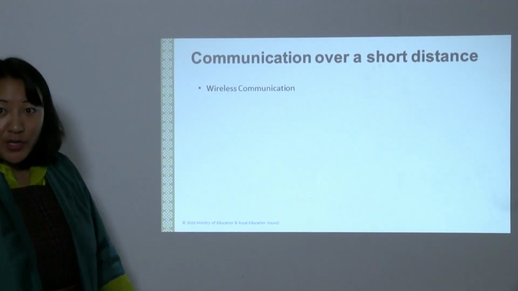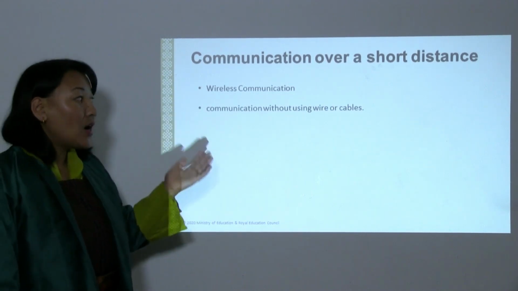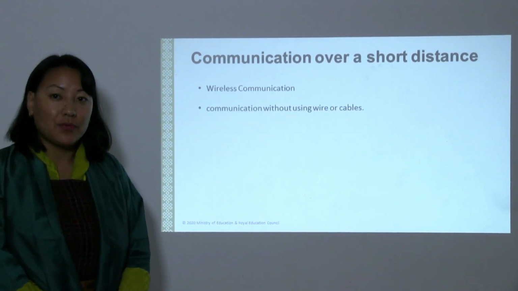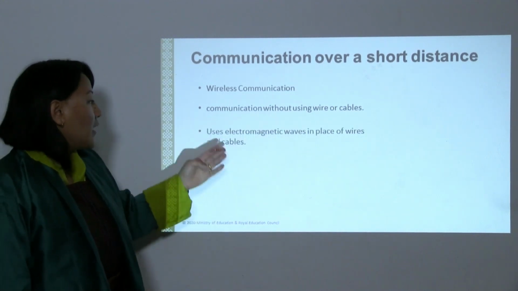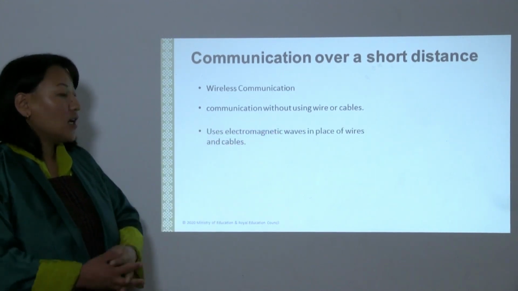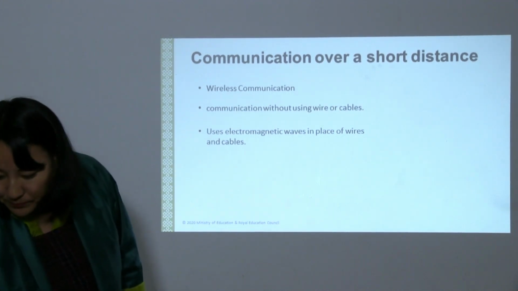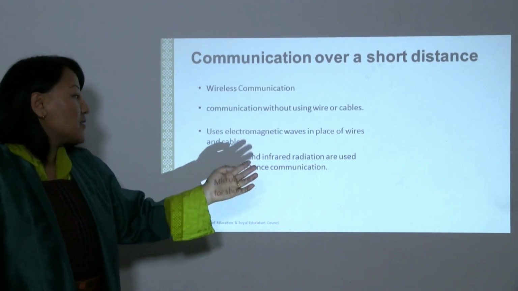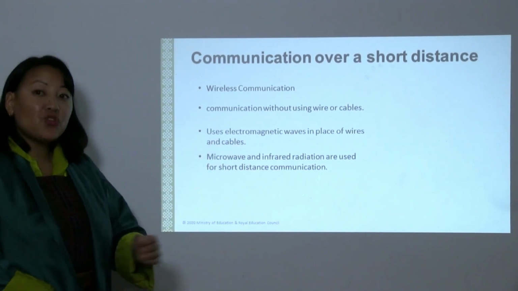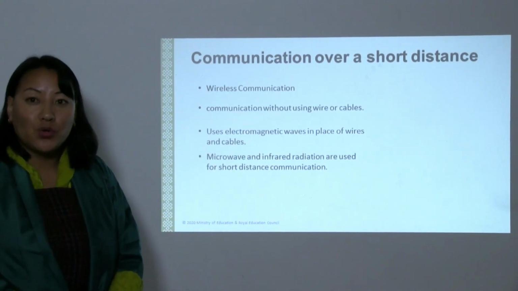So wireless communication is defined as a communication without using wire and cables. Instead of wires and cables, it uses electromagnetic wave. For a communication over a short distance, electromagnetic waves like microwave and infrared radiations are used.